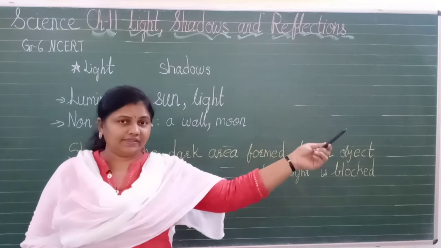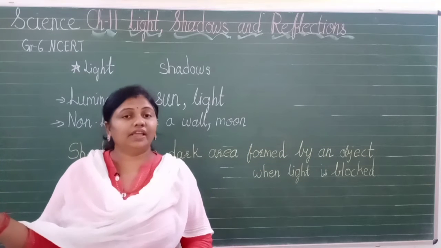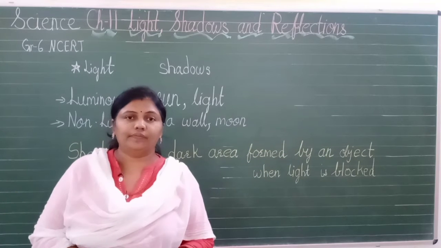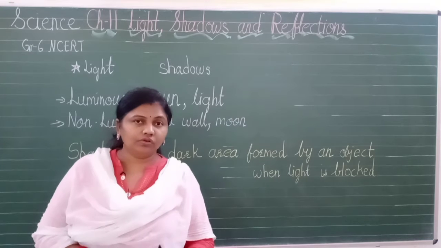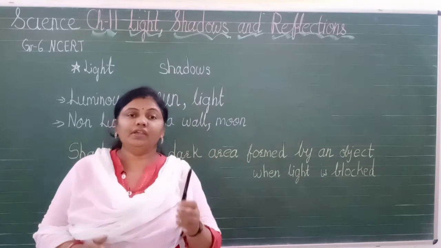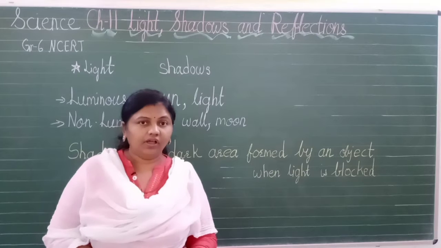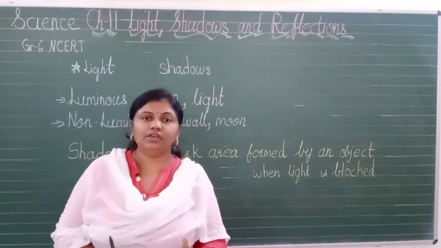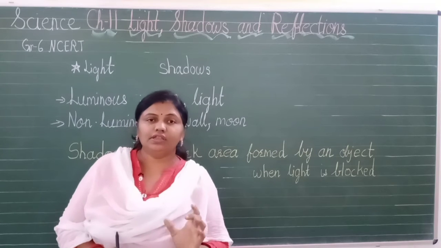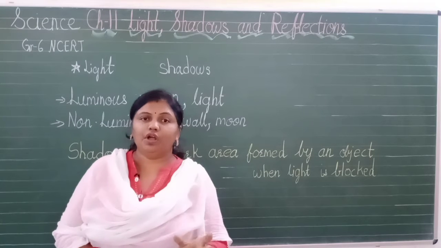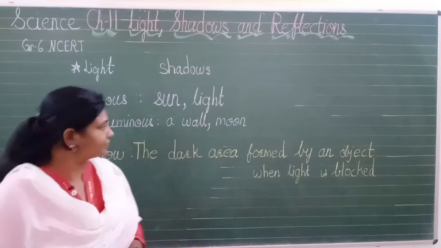If the light is this side, shadow will fall this side. Then what about the noon time? Yes, during noon the shadow will be in our front only, and it will be very short in size. The shortest shadow will be obtained during the noon.